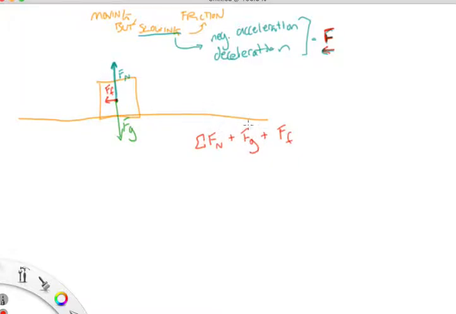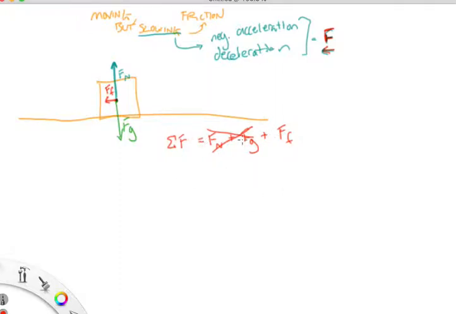This gravitational force is pointing straight down with a certain magnitude, and they cancel each other out. So these two are going to be canceled out. And that leaves you with just this frictional force in this direction over here, which is when you add up all the forces. Sorry, I need to make this more consistent. The sum of all the forces equals all these added together.